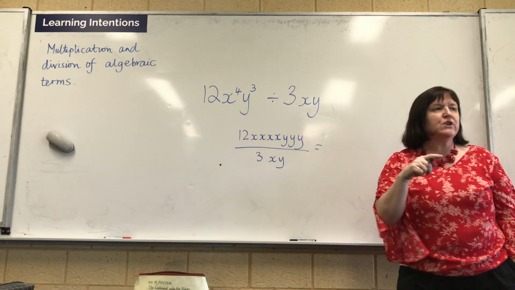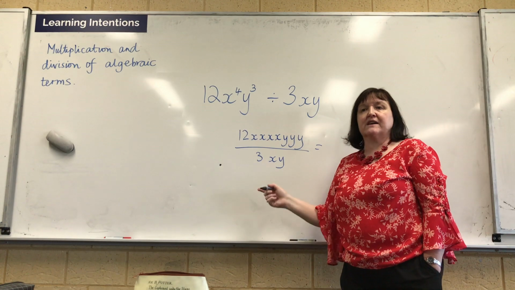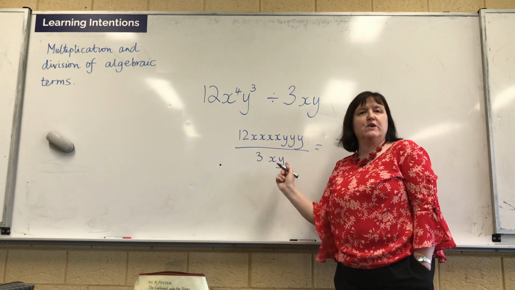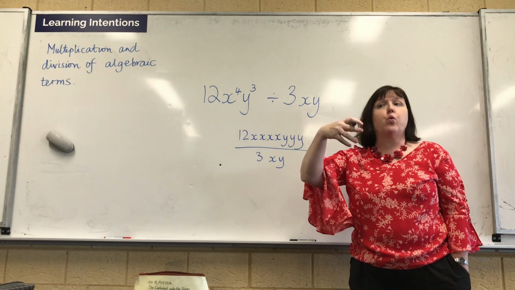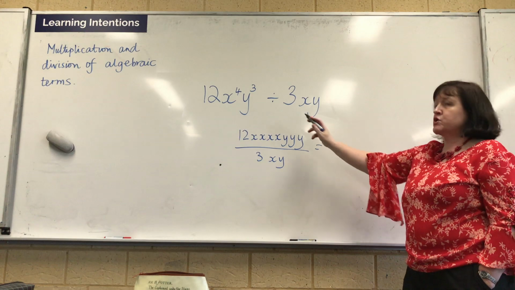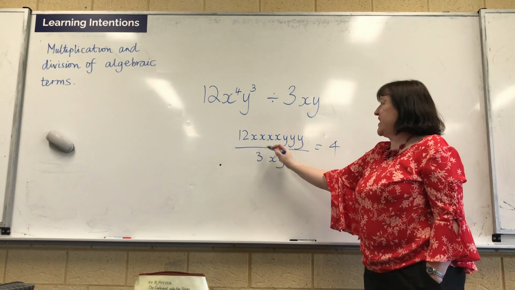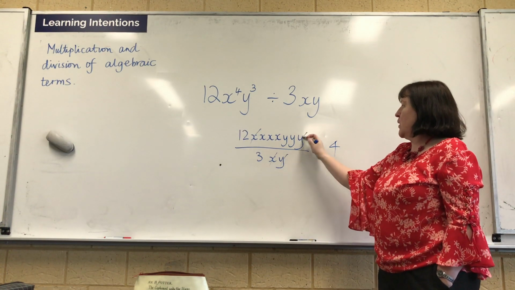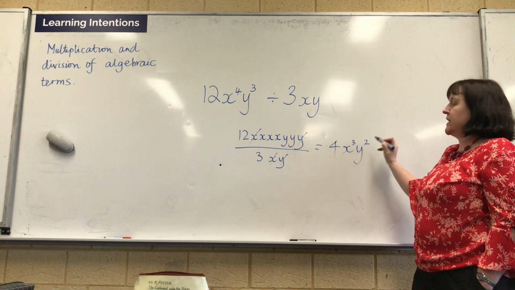Now, once you've got used to this, you won't need to do this step. This step will be extraneous, as they say, which we won't need it. But at the moment, it's a good idea to do it because it does show you why the index law works like that. So 12 divided by 3 is 4. And then we can only cross off 1x and 1y. So we're left with x to the power 3, y squared.